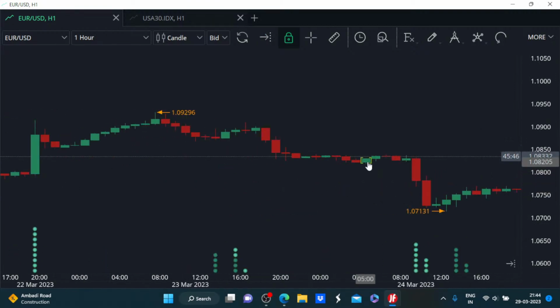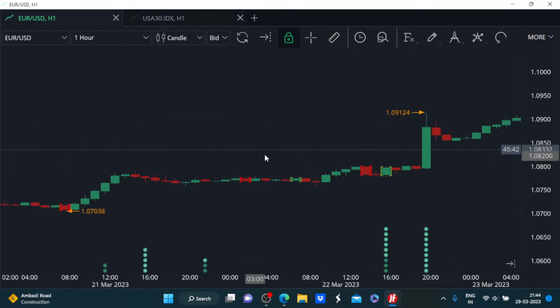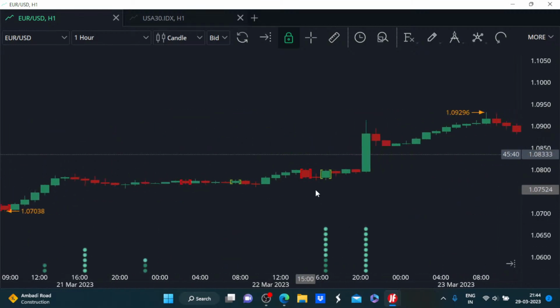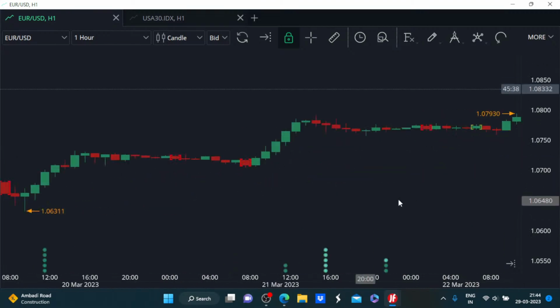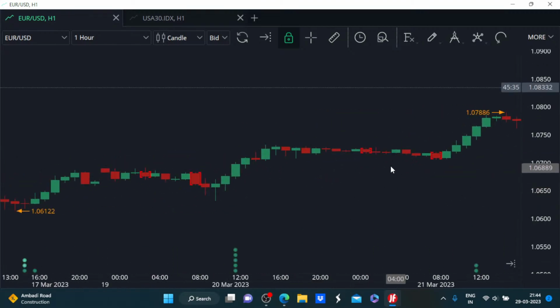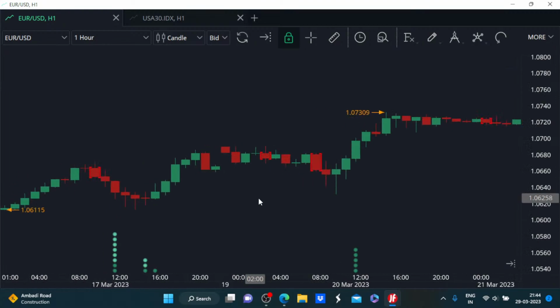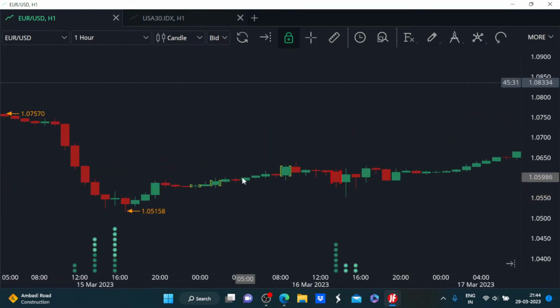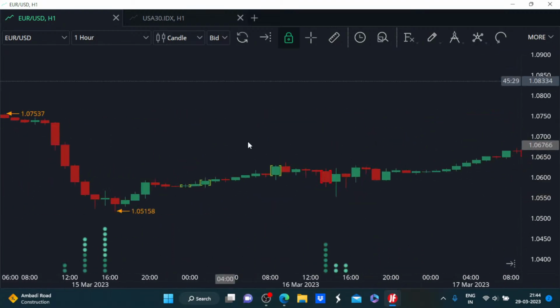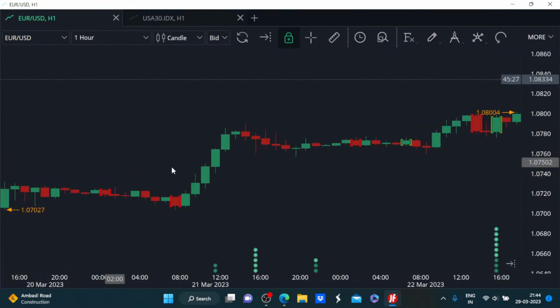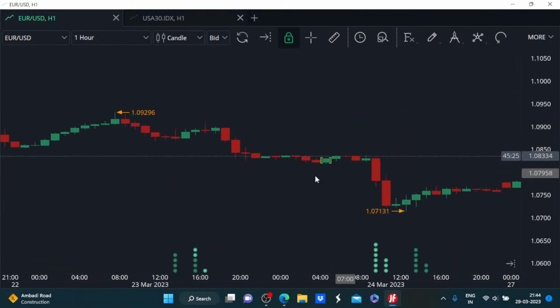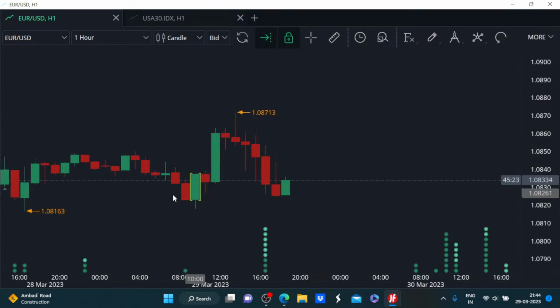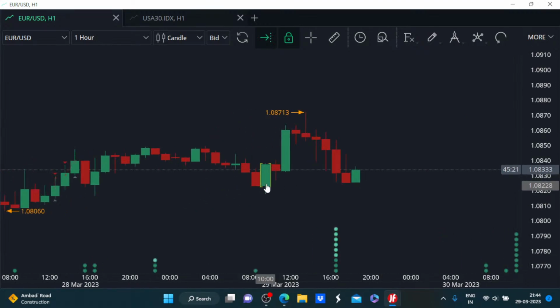Again here, it was on 24th of March. So we have these couple of examples, and depending on the context, we could have utilized this formation to initiate trades, or if you had a trade in place, you could even have used it for profit booking as well. Let us use the example which took shape earlier in the day.